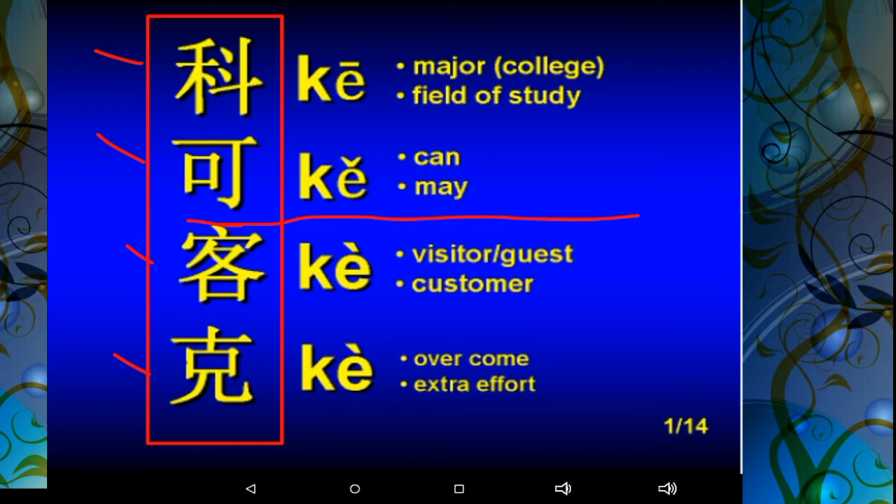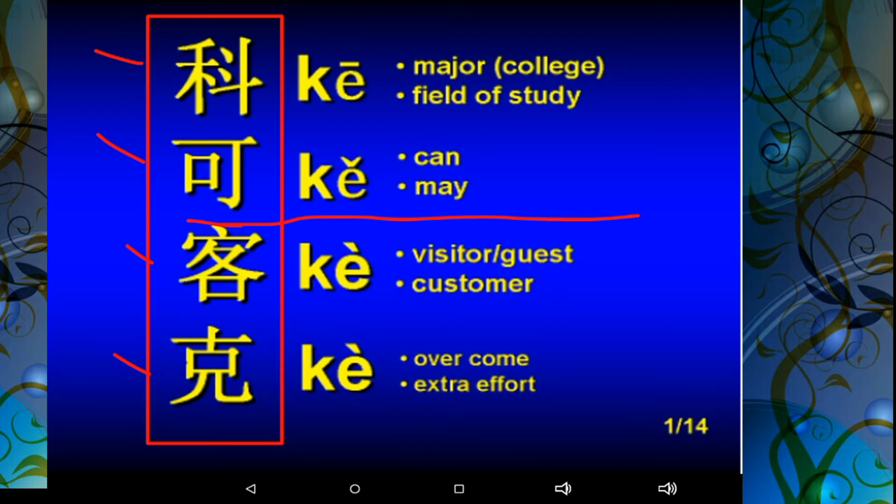For instance, let's get into how to pronounce these 4 different characters. The first character is ke. That's a first tone character. And the second character is ke. That's a third tone character. That's a falling tone and rising tone. The next character that we will be studying, but that will be in video number 2, is the character ke.